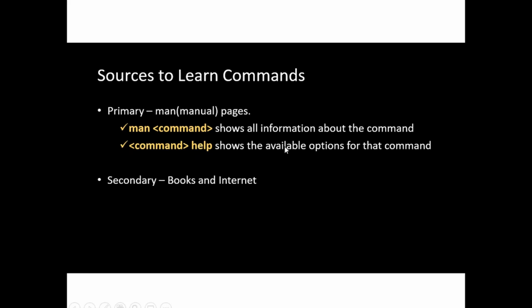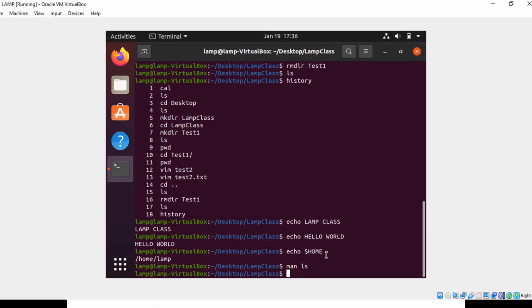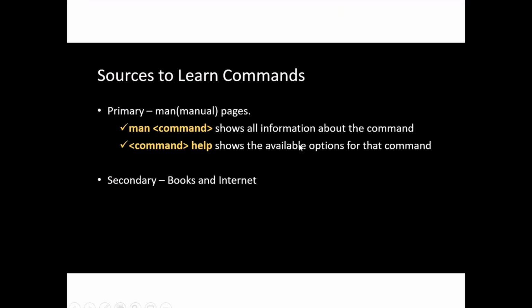So you can use the man command to show all the information about a particular command. You can also use the help command to get help on that command. The secondary method to learn the commands is to refer to links on the internet and books for various Linux commands, and you can perform a few basic commands on Linux for better understanding of how to run commands on Linux.